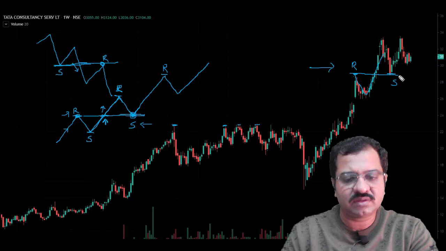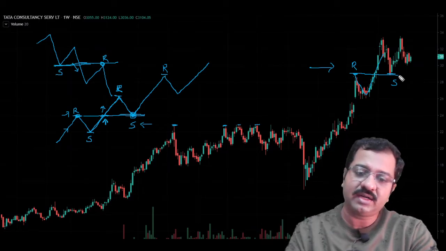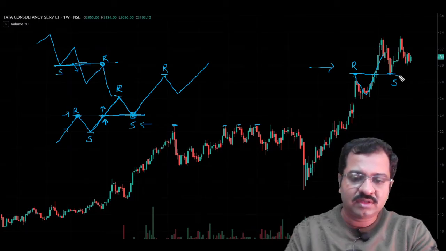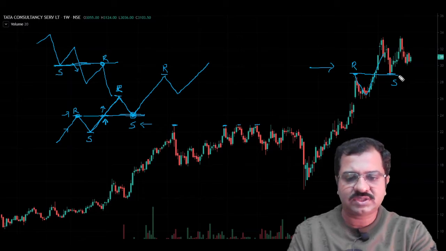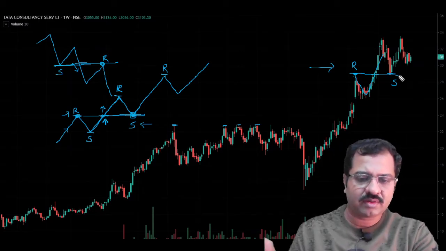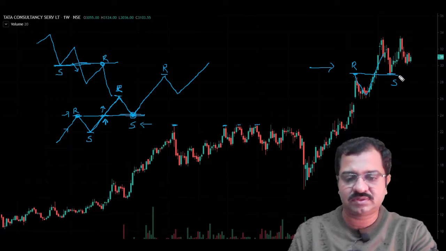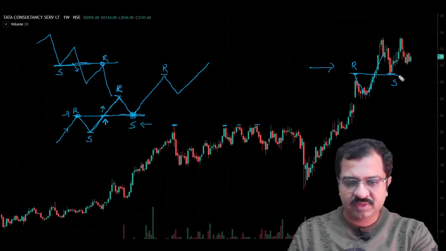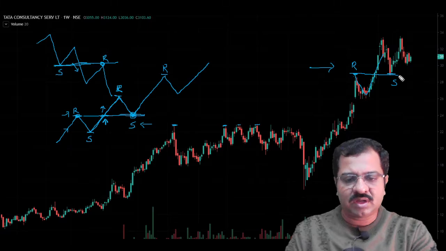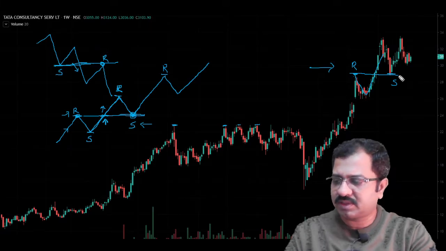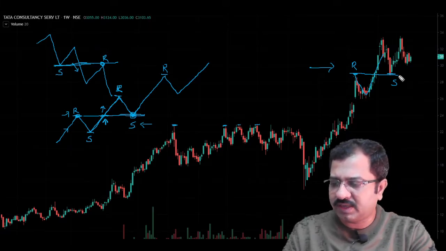This is weekly time frame chart. See, in higher time frame chart, levels are strong. All these concepts will go deeper in key levels session, but in this session we'll just understand basic concepts about support and resistance.